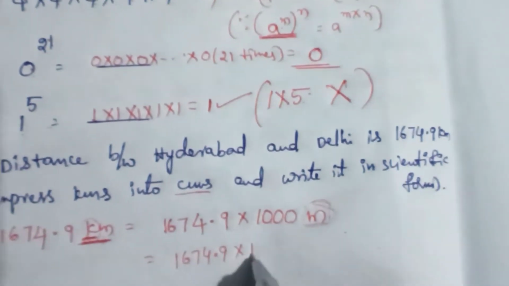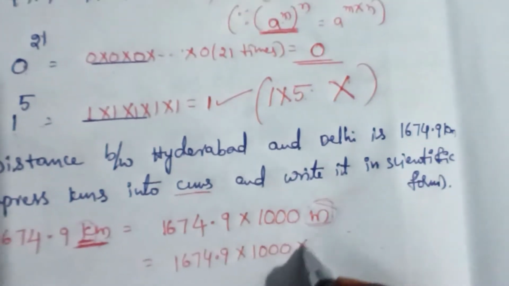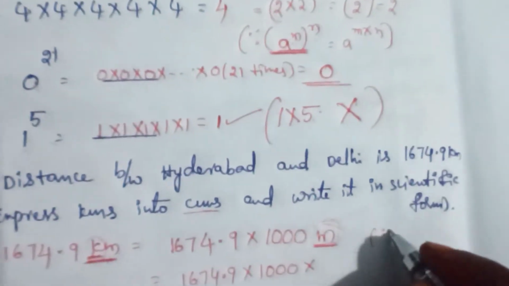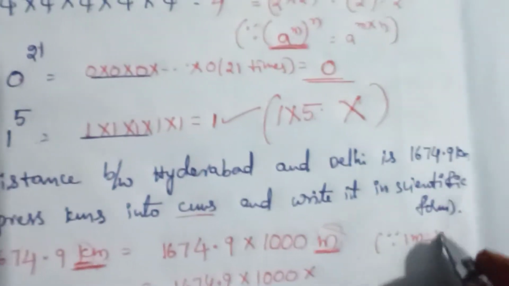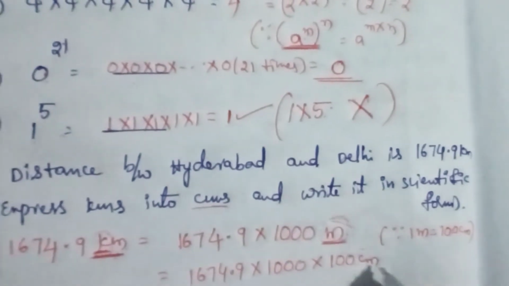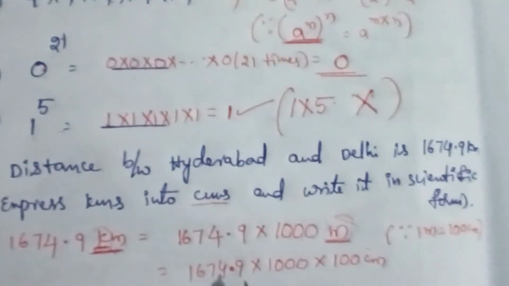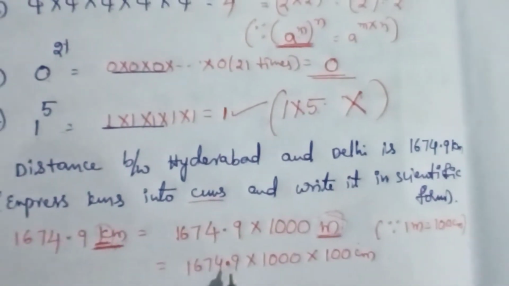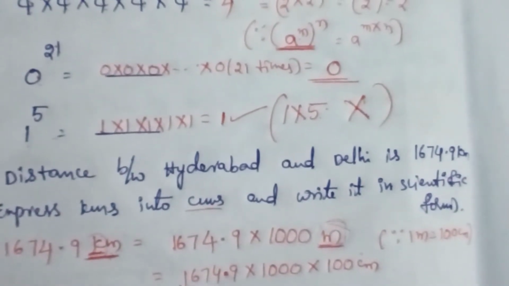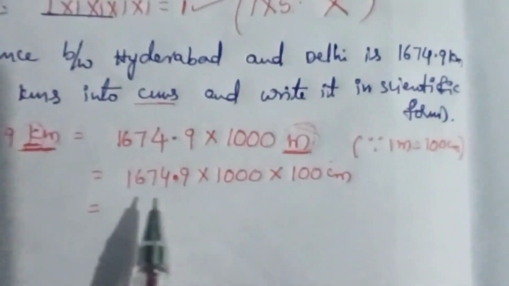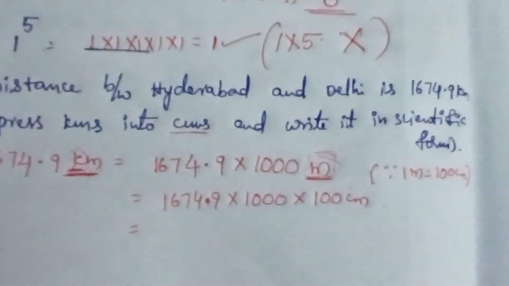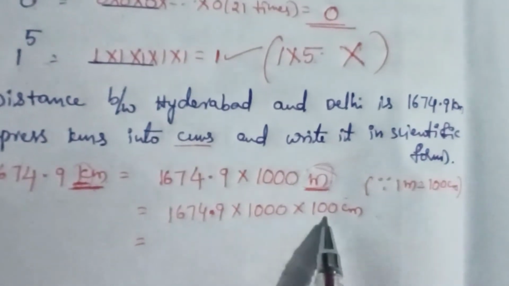1674.9 into 1000 into this meter. How many centimeters in a meter? 1 meter is equal to 100 centimeters. So 1674.9 into 1000 into 100.